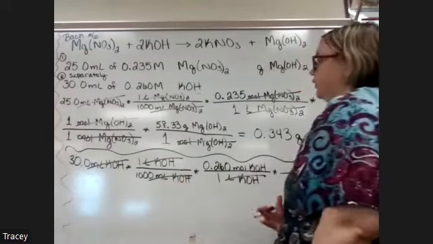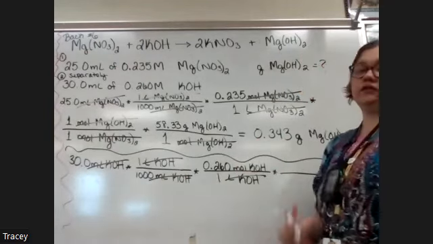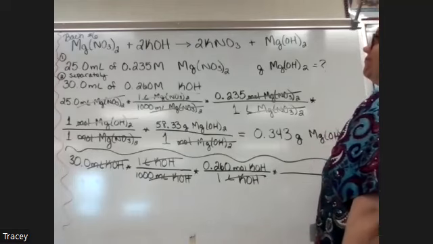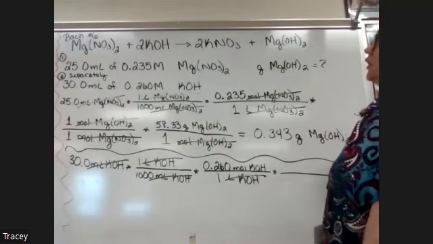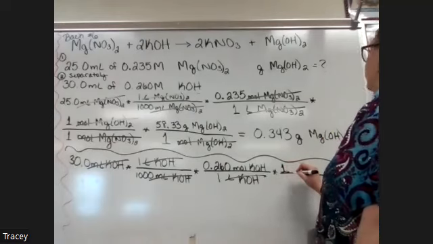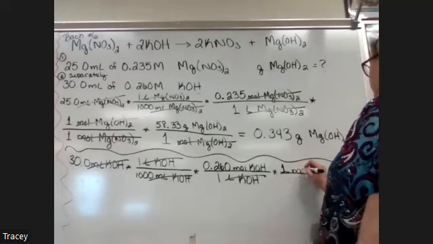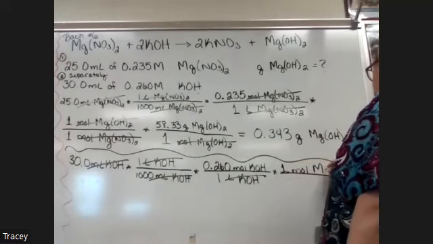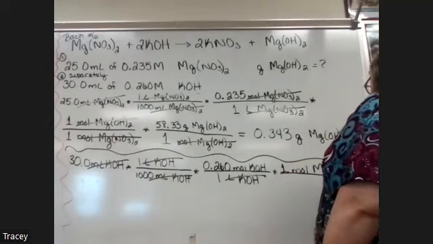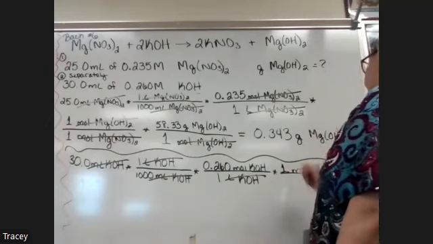And then now the rest is what we're used to. We need moles of Mg(OH)2. So 1 mole Mg(OH)2. Now the coefficient in front of the KOH is 2.